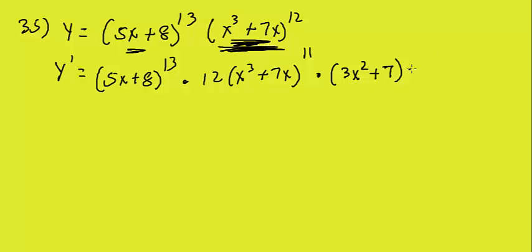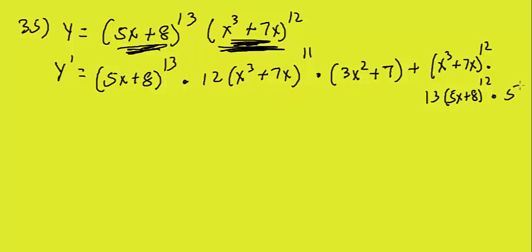Plus the second, which is x to the third plus 7x to the 12 times the derivative of the first. The outside function there is 13, so it would be 13 times 5x plus 8 to the 12 times the derivative of the inside, which is 5. And your question is, can we leave it like that?